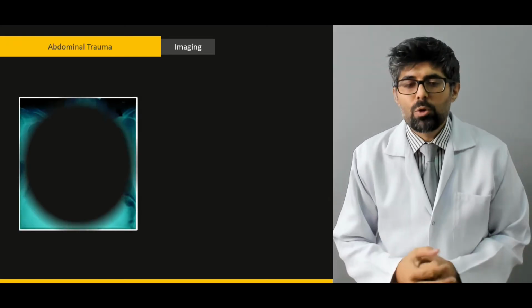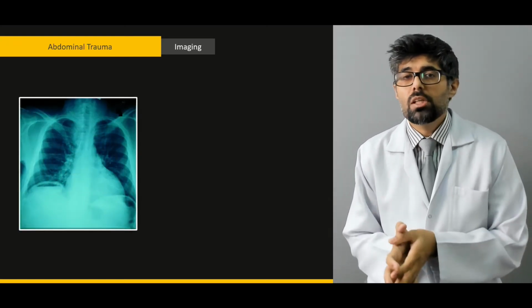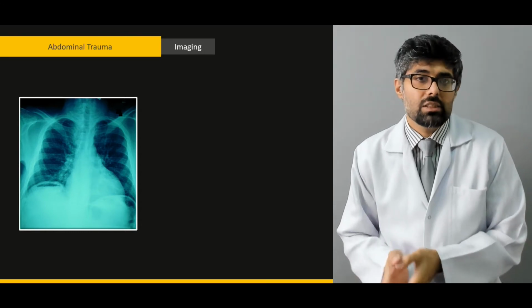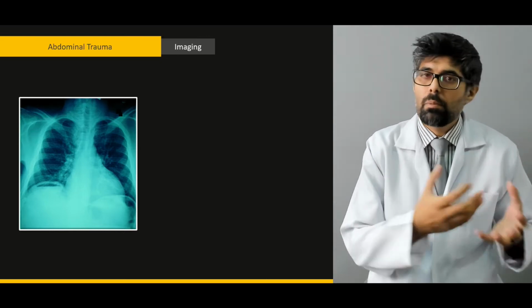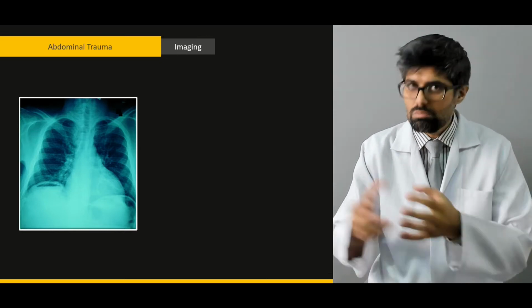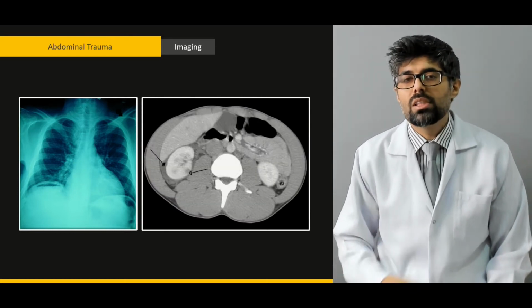If we have a history of abdominal trauma, it is always treated as an emergency. For this purpose, the imaging that we usually use is chest X-ray. Why do we use chest X-ray in an abdominal trauma? I'll discuss this later. We also use CT scan.